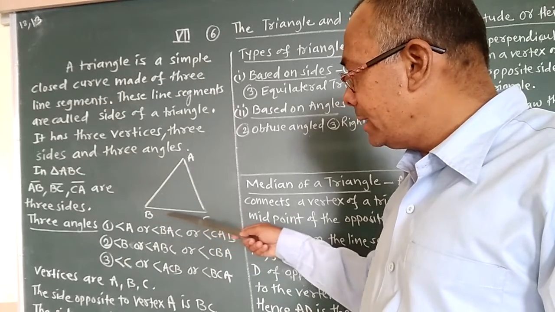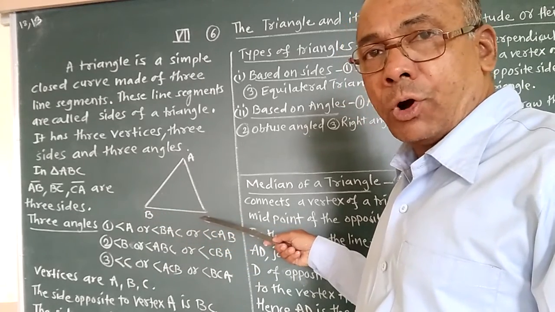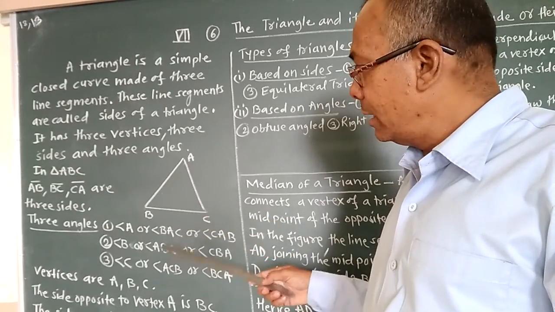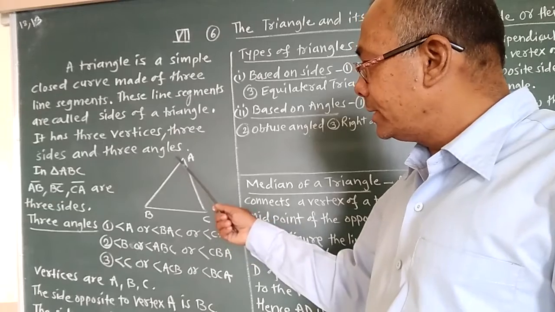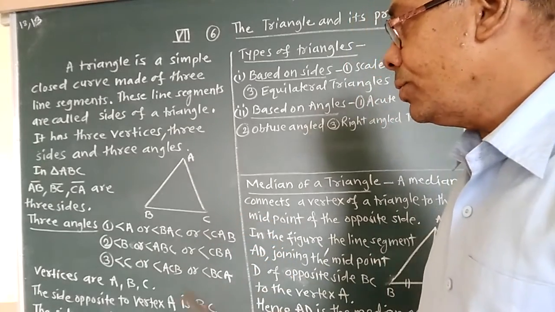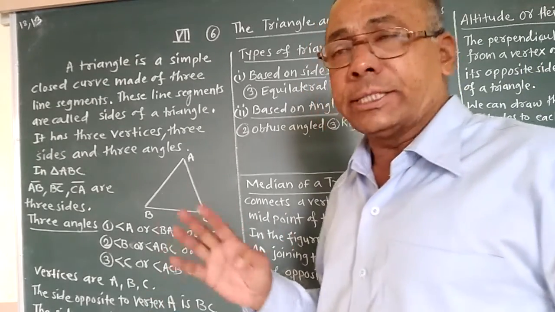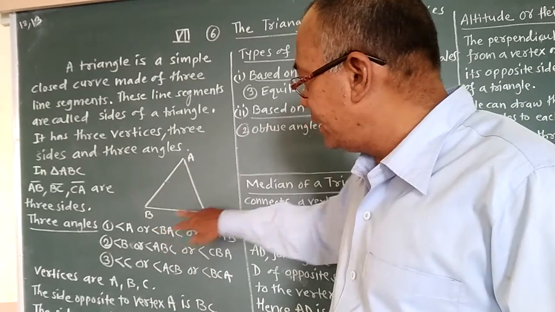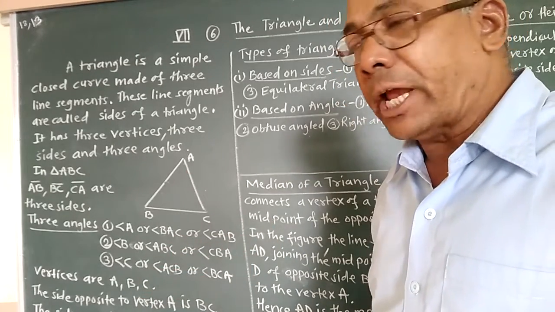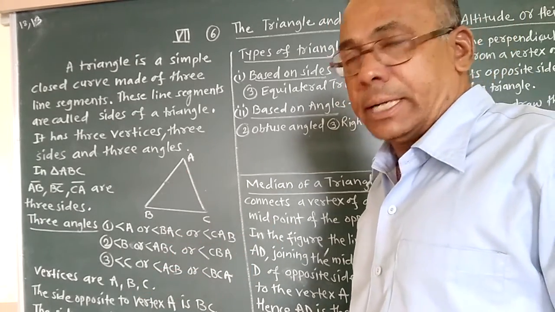Similarly, the line segment BC is called the side of the triangle, and the another side, that is AC, is also a side of the triangle. So these are the three sides, AB, BC and AC. These line segments are also called as sides of the triangle.